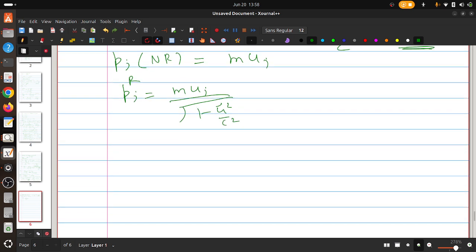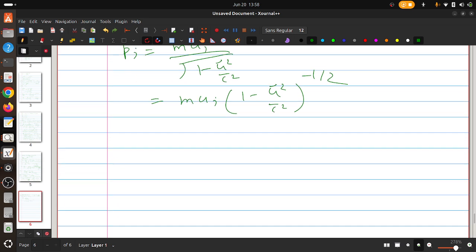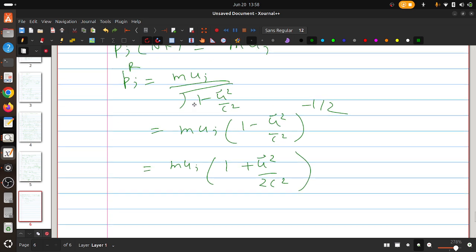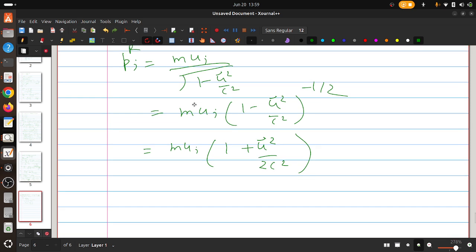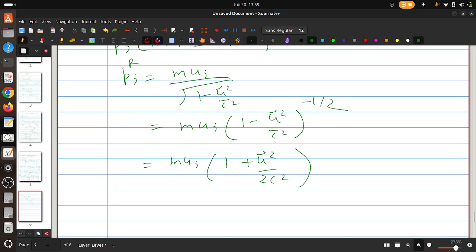So now here we write m uj times 1 minus u square by c square to the power minus half, and then we can write m uj times 1 plus u square by 2c square. Let us just retain one term, right? So it should be m uj plus some quantity m uj u square by 2c square.